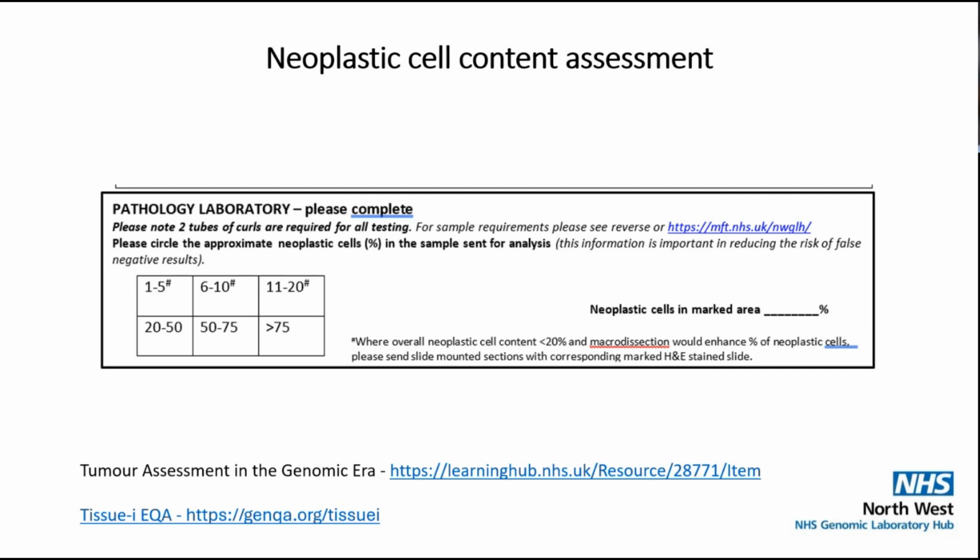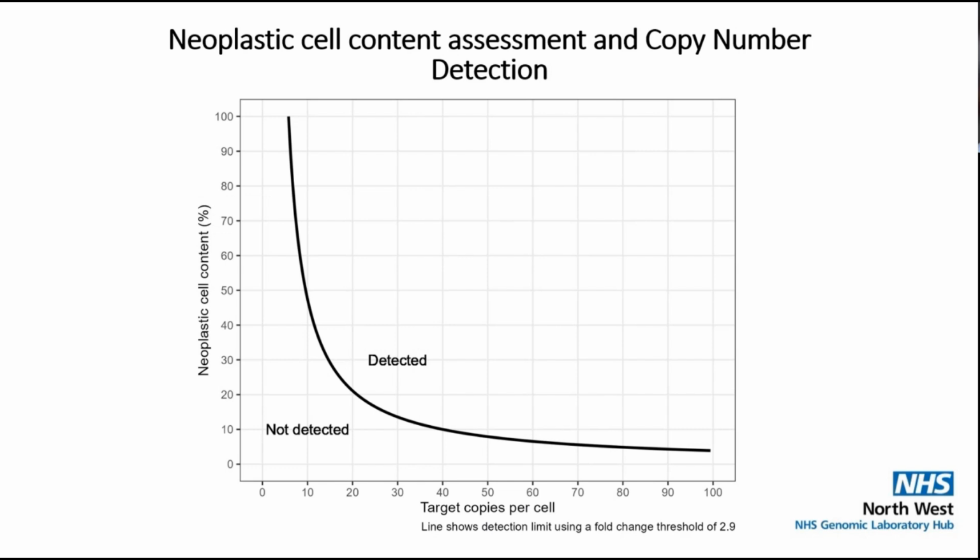When we start doing additional analysis, and something we're working on at the moment, which is copy number analysis and copy number detection from next generation sequencing data, so we can run the next generation sequencing and not just get the small mutations out, but we can also look at copy number. But when we start to do this analysis, the neoplastic cell content assessment and a more accurate idea of how many neoplastic cells there are becomes more important.